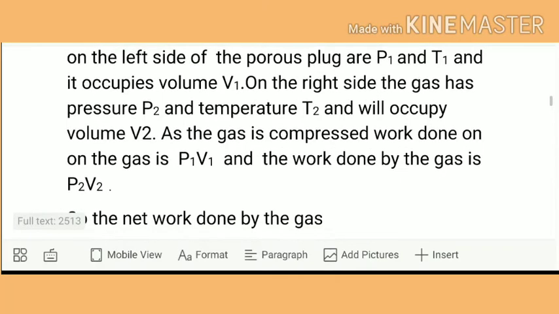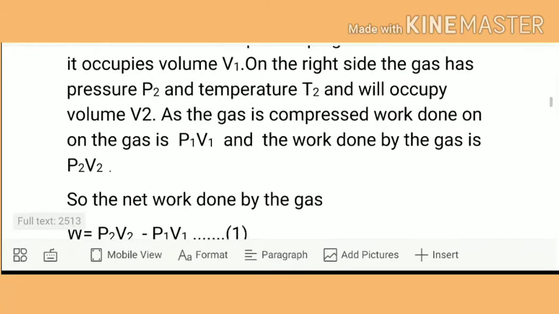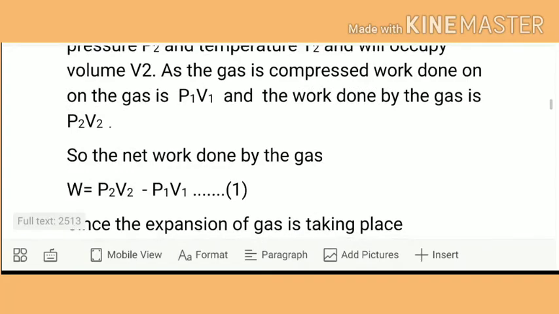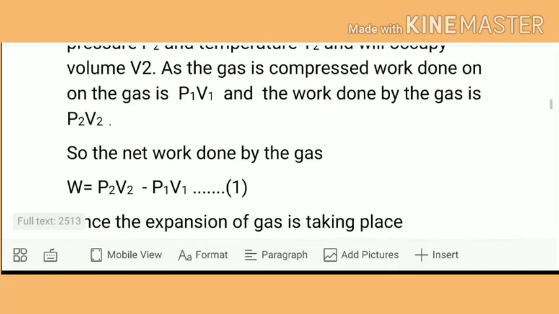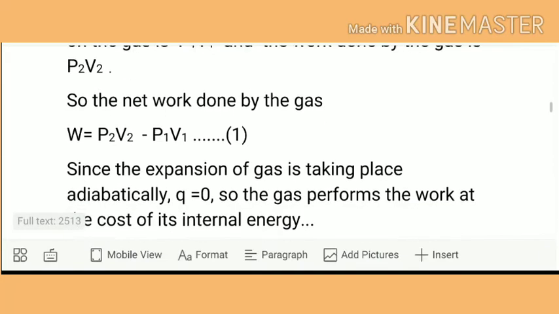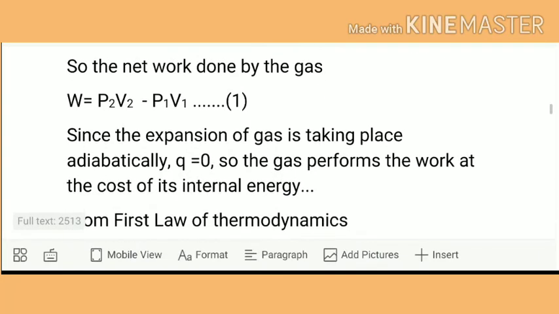The gas is compressed, so work done on the gas is P1 V1, and work done by the gas is P2 V2. So the net work done by the gas is W equals P2 V2 minus P1 V1. Since the expansion is adiabatic, there is no exchange of heat, so Q is equal to 0.